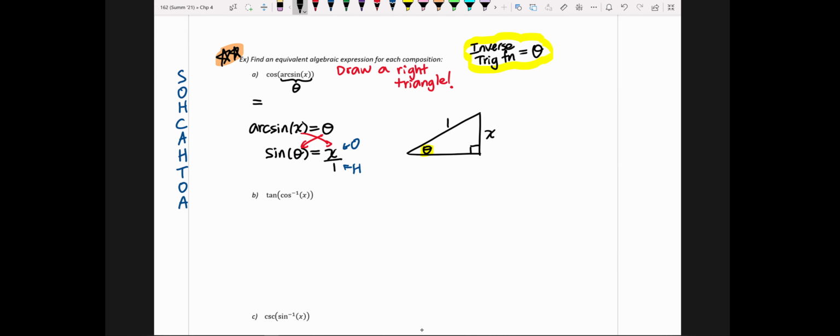We've learned in chapter 3, when we were introduced to the triangle method, that once we have the length of two sides of the right triangle, we can easily solve for the third side. So for that third side, we'll call it A. We do leg squared plus leg squared is equal to hypotenuse squared.